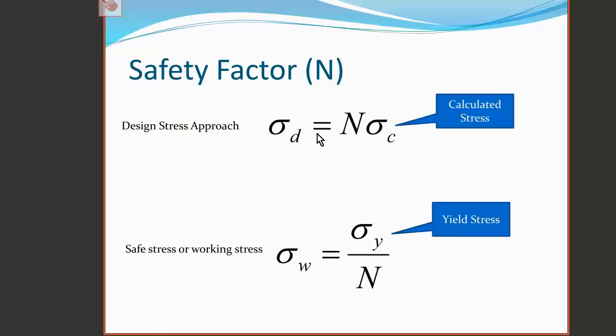We need to ensure that our material will not yield or fail when stressed to that design stress. Another way is to divide the yield stress of the material by the safety factor being applied. This gives us a reduced value for the stress that is allowable in the structure.